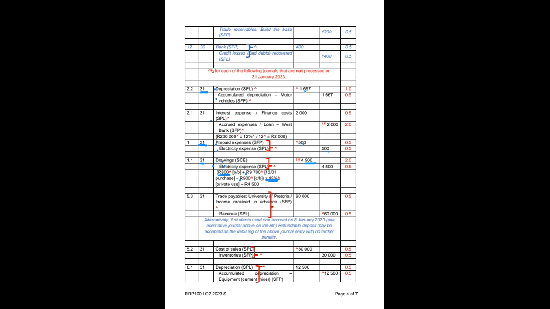So now the next journal entry that we need to pass in relation to this vehicle is the interest on loan. Now, what we're going to do is, you'll see we are going to debit our expense. Now, we said it can be interest expense or finance cost. Some people might use finance cost to be actually accurate in the way they record it. But even if you did interest expense, that was accepted.